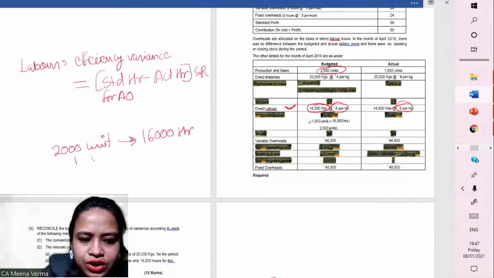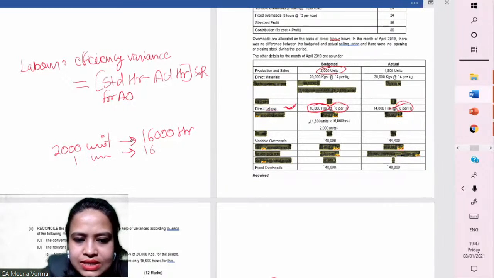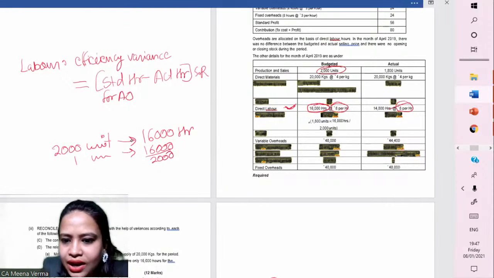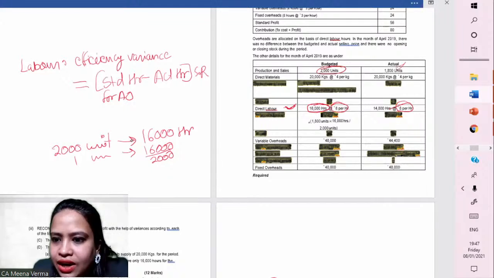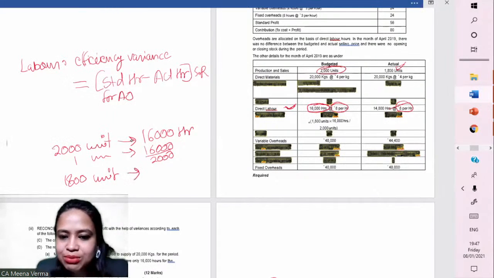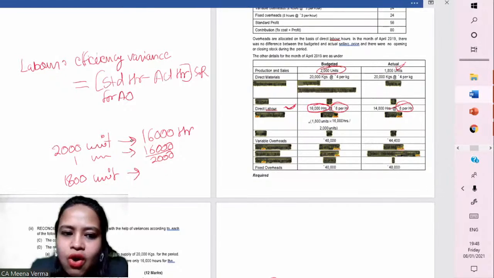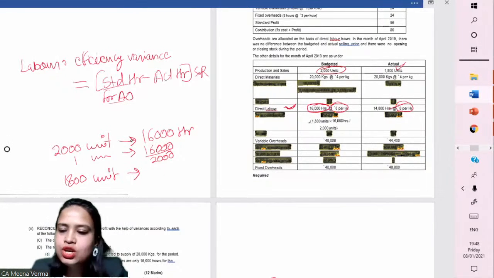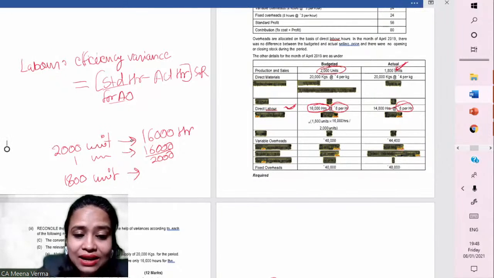So for 1 unit, what will be the time? 16,000 divided by 2000. And for 1800 units, since we are producing 1800 units, what will be the direct labor hour? We want standard direct labor hour for actual output. So the actual output is 1800. So for 1800, what will be the standard labor hour?